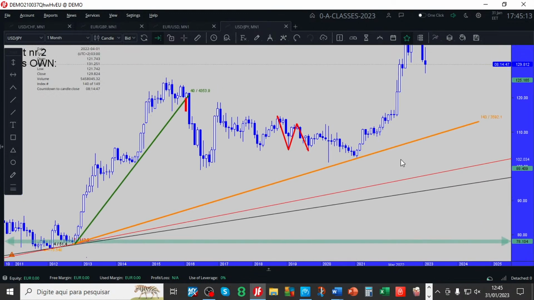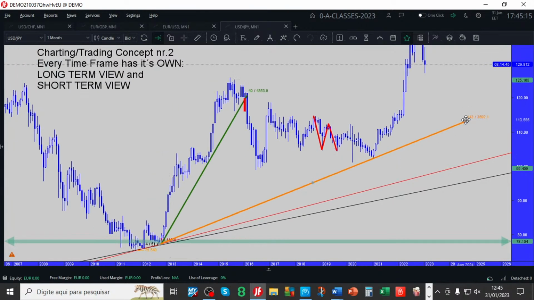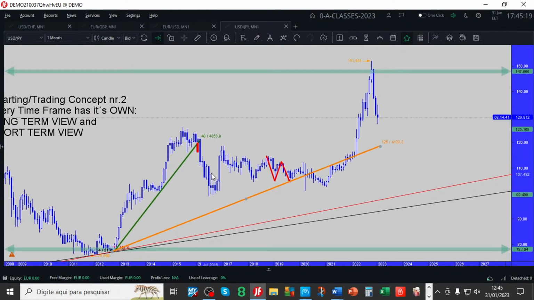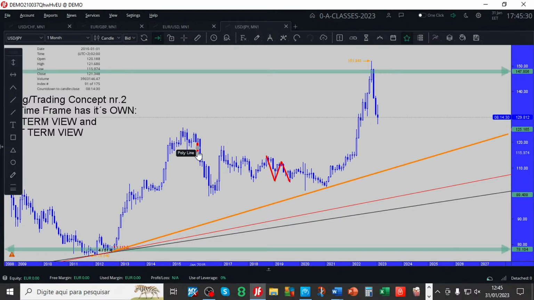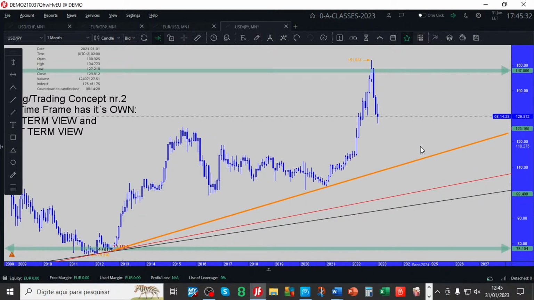Make sense? If I leave this, now that I can see the whole picture and I can see that the market is making higher highs, higher lows, then I need to readjust this trend line like this. And this aggressive one is not valid anymore if I'm charting right now.